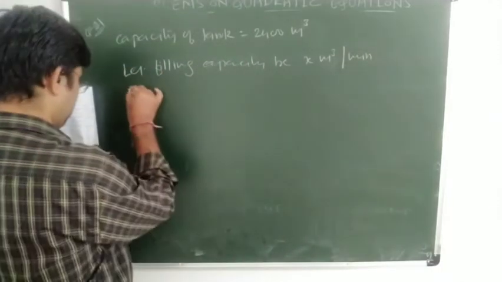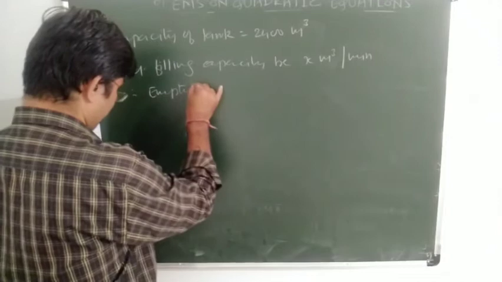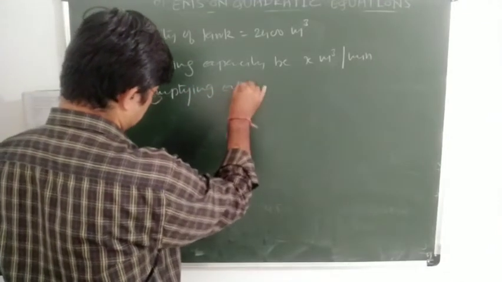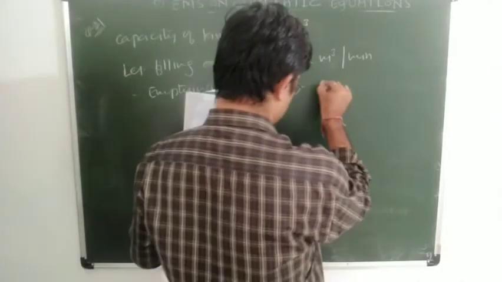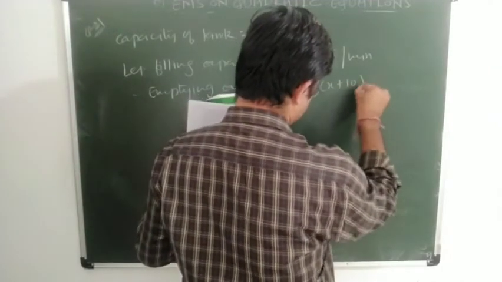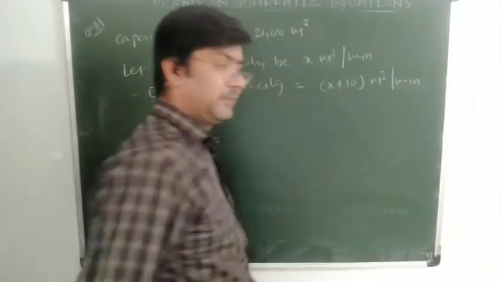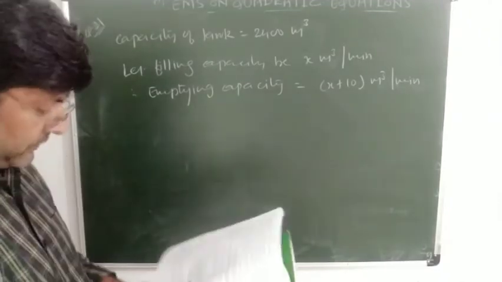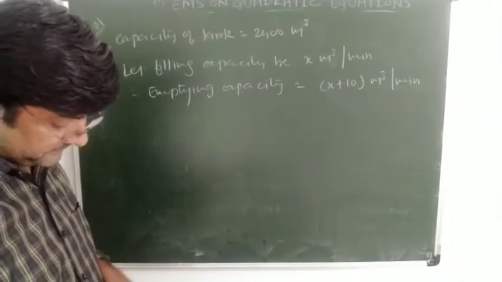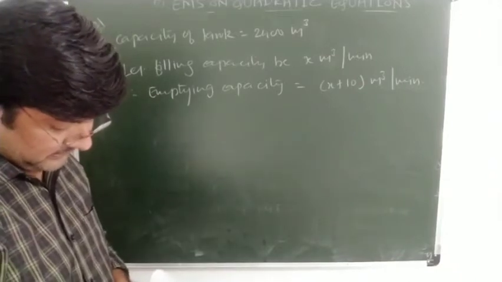Okay, and therefore emptying capacity will be x plus 10 cubic meter per minute, because it is given that emptying capacity is 10 cubic meter per minute higher. Yes or no? Okay, now 8 minutes lesser to empty.